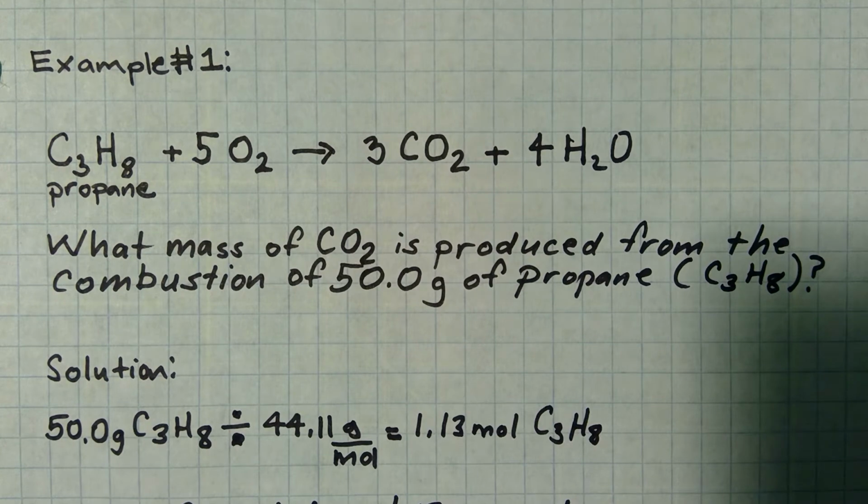You'd get that by multiplying 3 carbons and adding 8 hydrogens, so 3 times 12.01 plus 8 times 1.01. These are molar masses from the periodic table, giving you 44.11 grams per mole. You do the division, and you end up with 1.13 moles of propane.